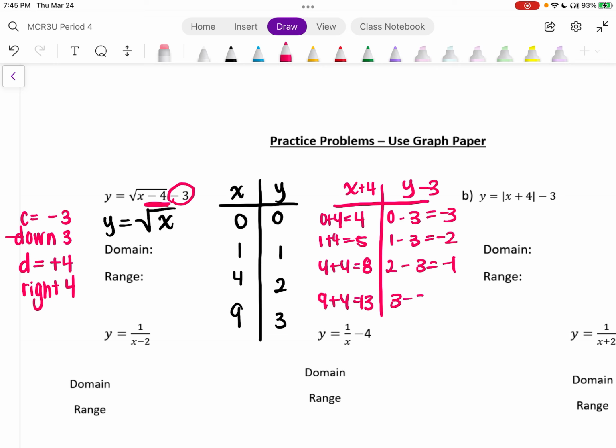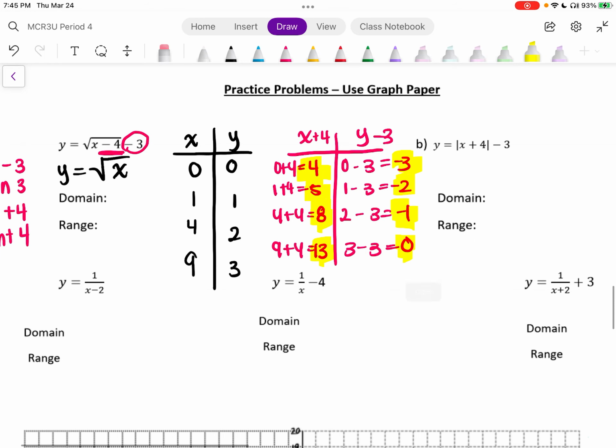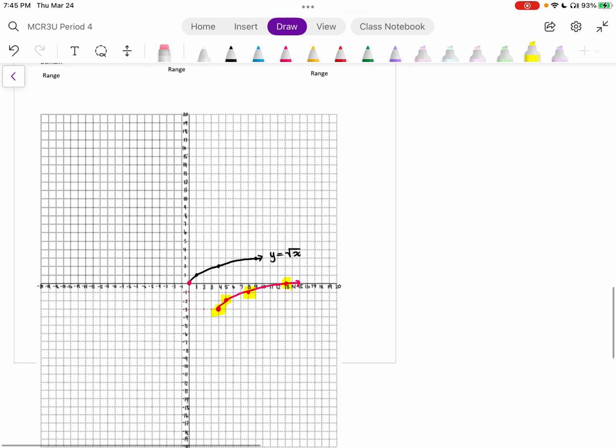And 3 - 3 is 0. So my new points are going to be 4, -3, 5, -2, 8, -1, 13, and 0. And if you look at this, that makes sense.